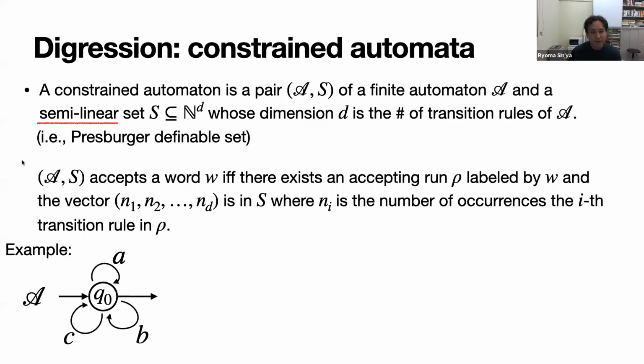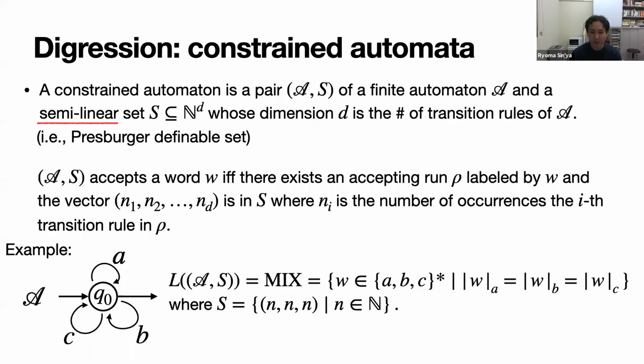So let's see a very simple example. A simple automaton consists of only one state and only a single loop. If we regard this automaton as a usual automaton, then it accepts all words over A, B, and C, a trivial automaton.